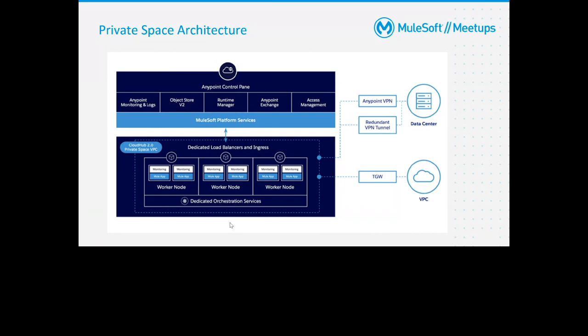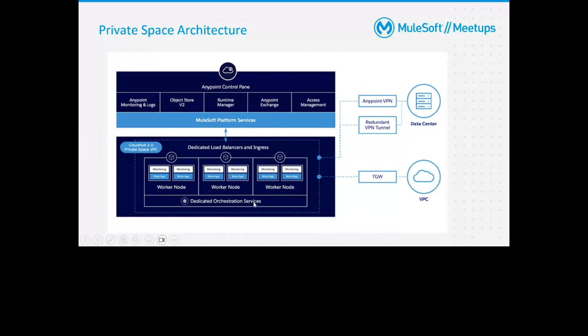So this private space architecture diagram again has the Anypoint control plane and MuleSoft platform services. Then we have this private space, which has dedicated orchestration services.